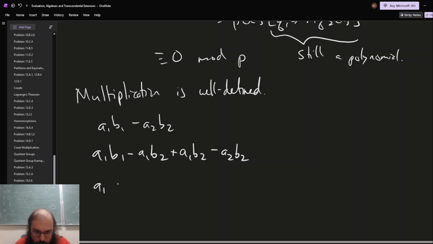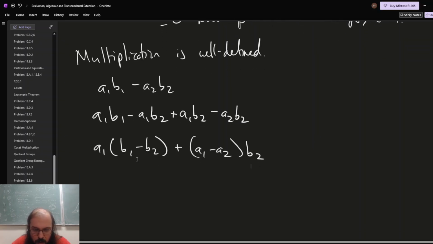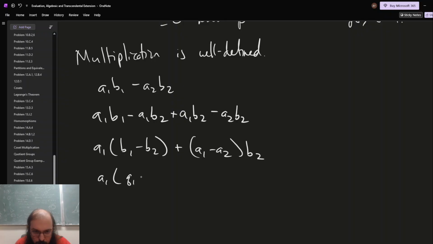Maybe it doesn't matter. Here now, if I factor out A1, I have B1 minus B2. And here I have A1 minus A2, B2. Well, after I do this, B1 minus B2, this is some A1 and then a Q1 P minus Q2 P. I know that there's X's everywhere, but I'm just not writing that.